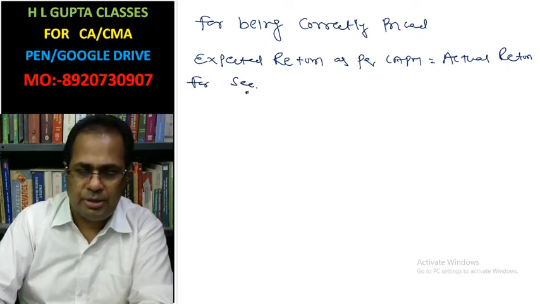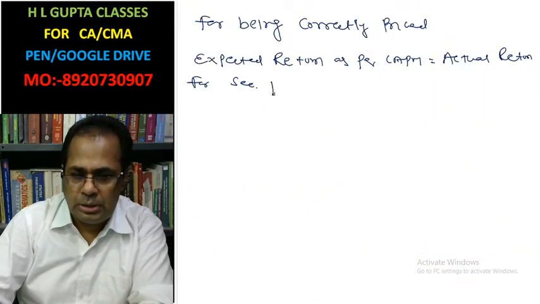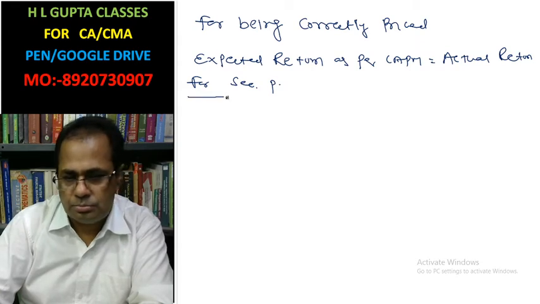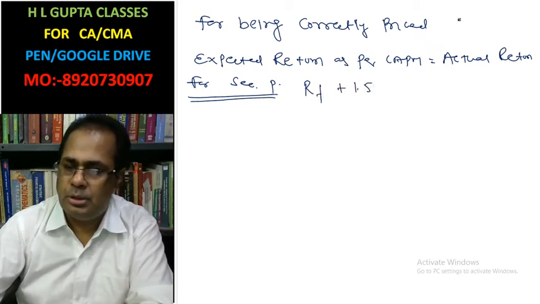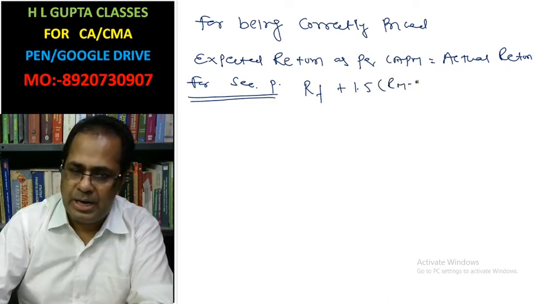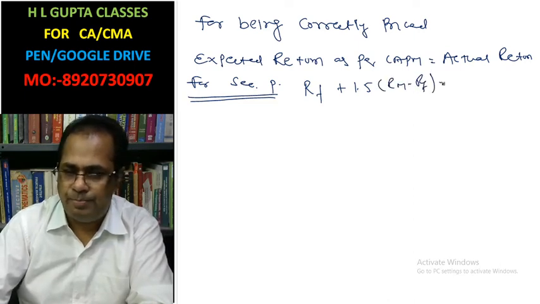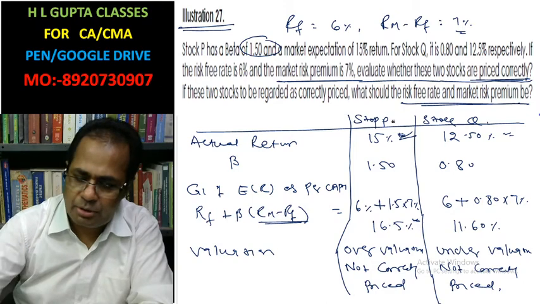There are two securities you have, P and Q. For security P, risk-free rate of return plus 1.5 into (RM minus RF) should be equal to the actual return, that is 15%.